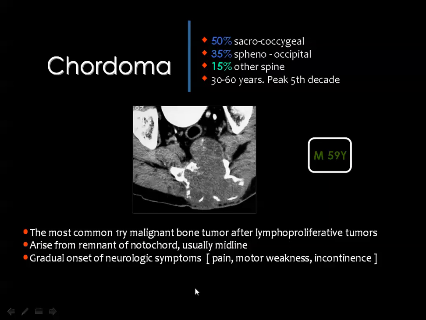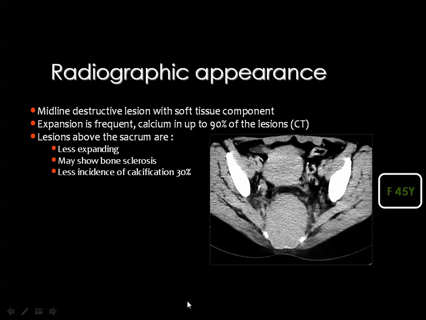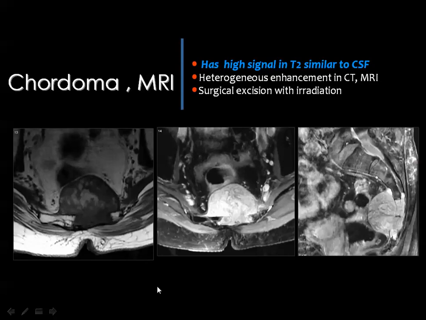This lesion is destructive and it frequently contains calcific foci, which may represent actual calcification or remnants of the destroyed bone. And this is an appearance of chordoma in the sacrum. There is a big soft tissue mass infiltrating the sacrum with a sizable component inside the pelvis.